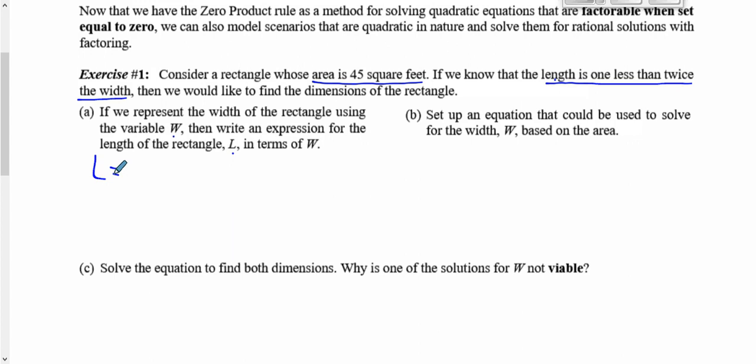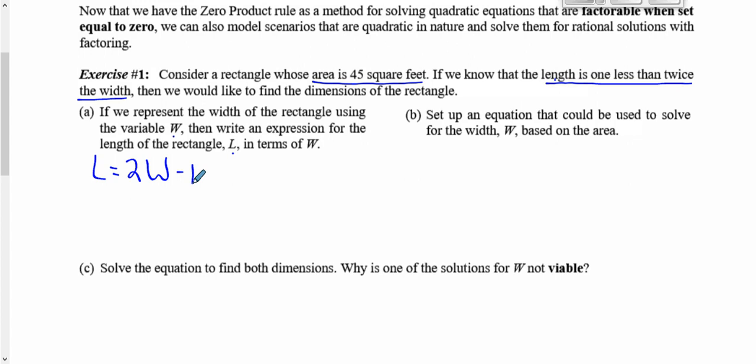Length equals what? Well, how do you represent twice the width? The width is W. 2W. And how about 1 less than that? 2W minus 1. So the length is 2W minus 1. Remember doing those? The length is 1 less than a thing. The thing is twice the width.